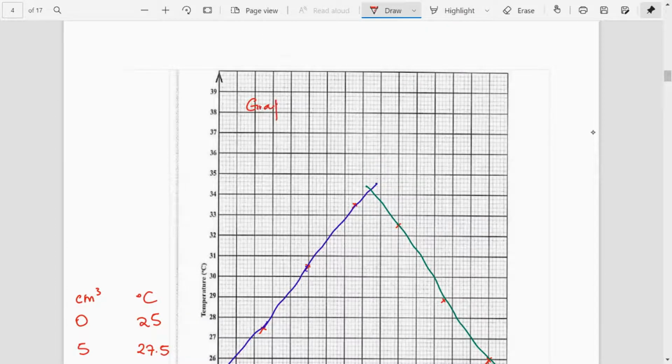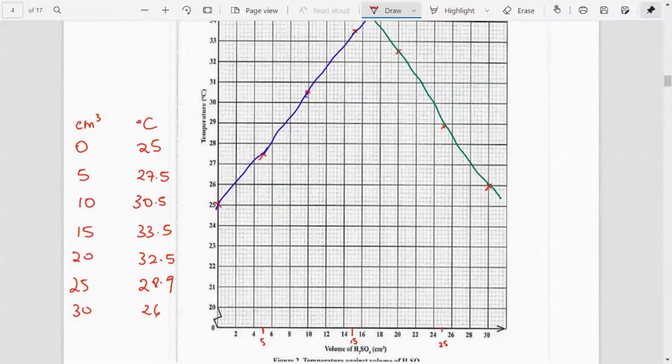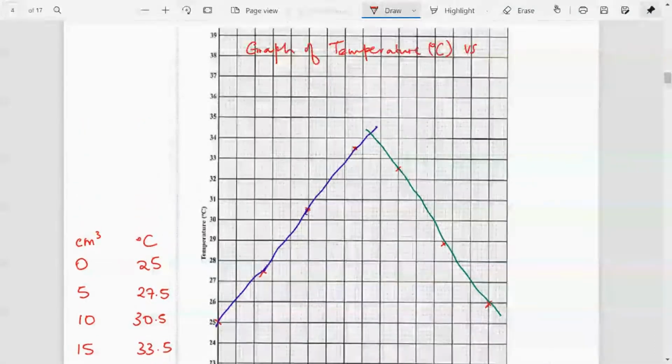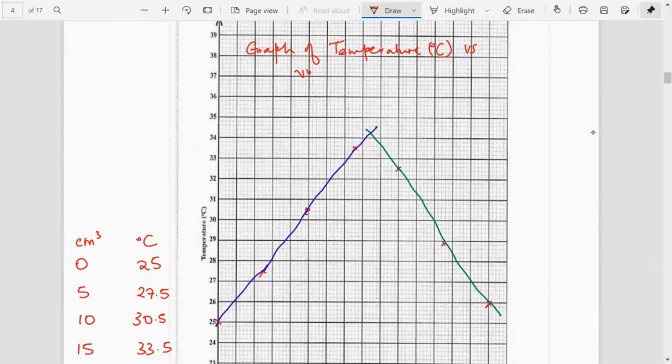Graph of temperature, which is the title of your y-axis, versus volume of sulfuric acid in centimeters cubed. And of course, you underline it.